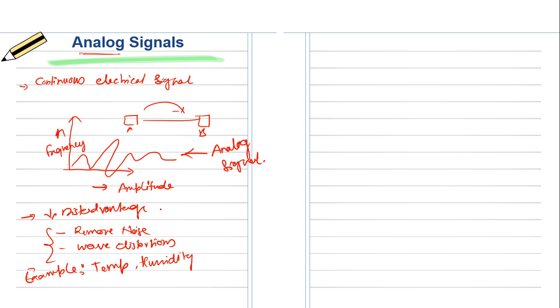So let's now learn what a digital signal is and how it is different from the analog one. Okay, in the digital signal, definition wise, it is also an electrical signal, but here we have just two distinct states.